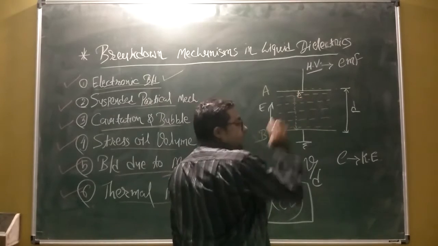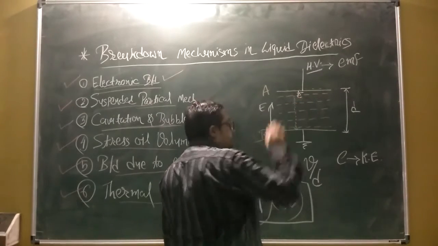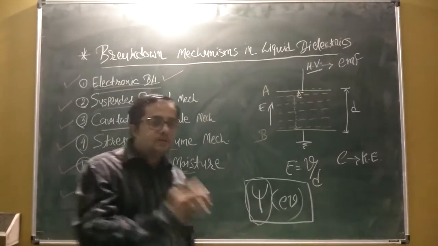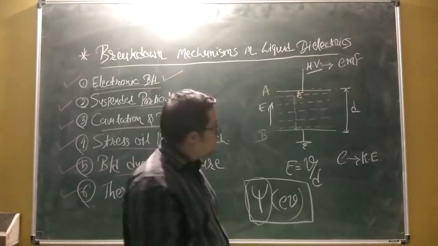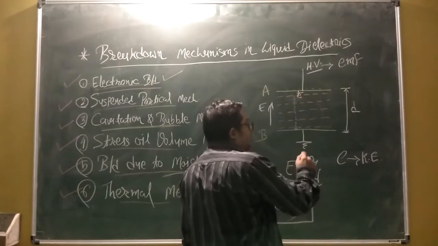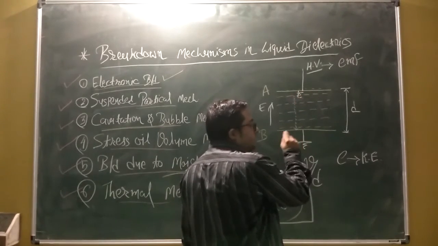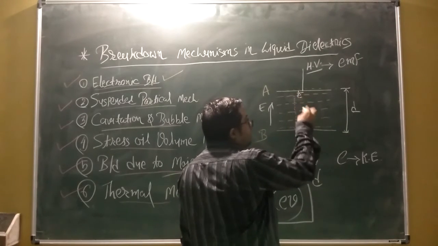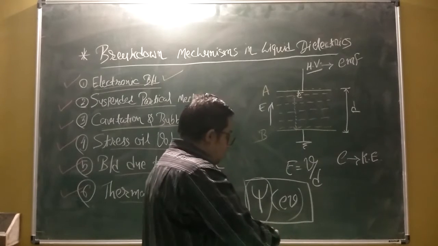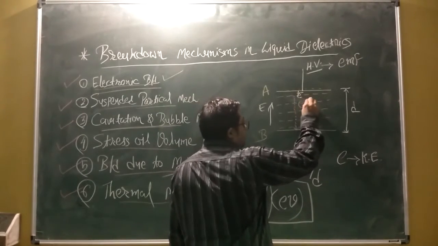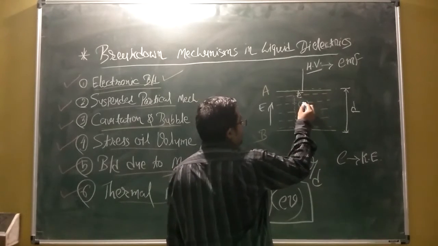Now during the traveling, initially the liquid is electrically neutral, so it contains an equal number of positive charges and negative charges. As the electron is accelerated towards B, the target electrode, it will make a collision with a neutral particle, this blue circle.